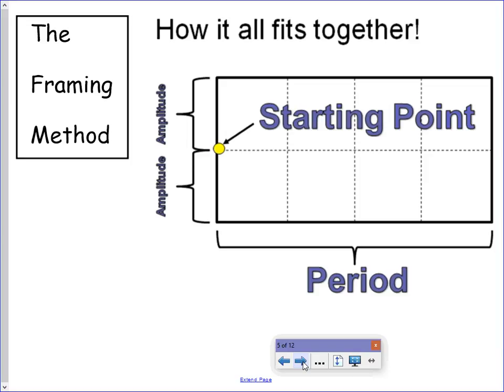Now, what's really nice about the framing method is we're going to take the period, and you'll have your starting point, and then you'll figure how far your period is, what's your distance. So you'll add that distance on. And then you'll be able to mark these points in the middle. This, of course, is going to be half the distance of the period. Okay?